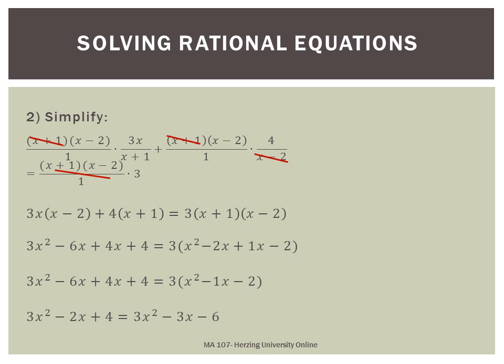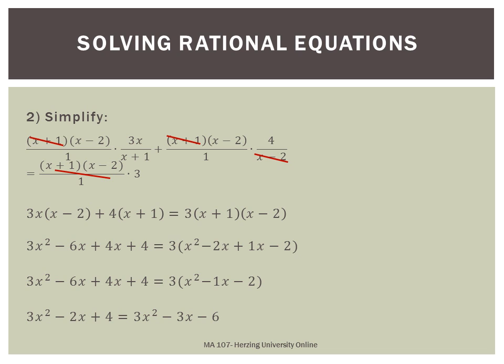Distribute the 3x on the left side of the equation and multiply the two binomials on the right side of the equation. And the result is 3x squared minus 6x plus 4x plus 4 equals 3 times x squared minus 2x plus 1x minus 2.